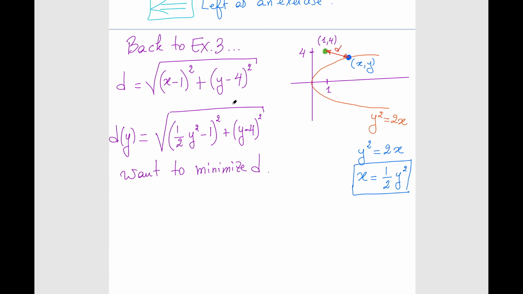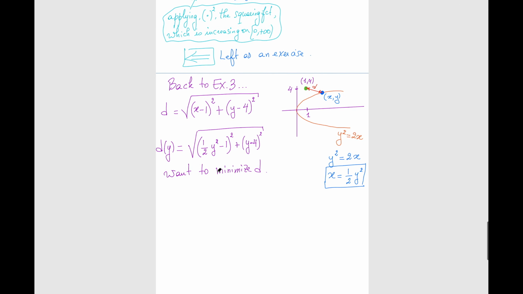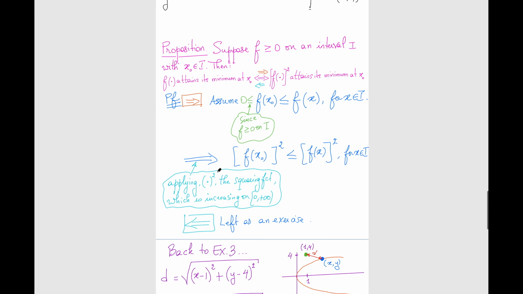Minimizing this means we're going to talk about the derivative of this function d, and this function has a square root in it, which is annoying to deal with. But remember the proposition we just proved?